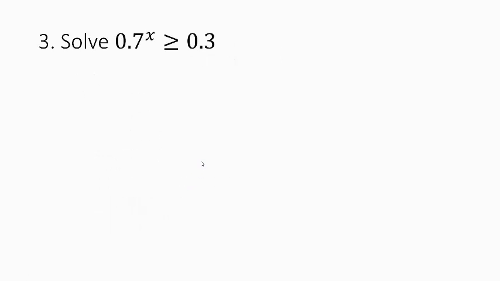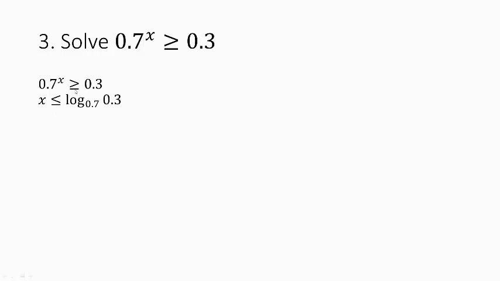I just wanted to show one more example here. This is one that you need to think a little bit about. 0.7 to the power of x is greater than or equal to 0.3. When I convert it into a logarithm, you'll notice that something's changed.